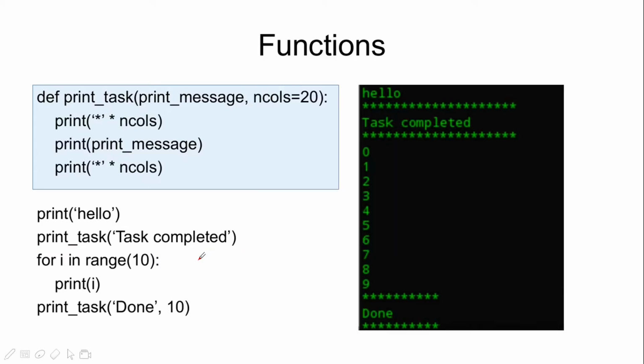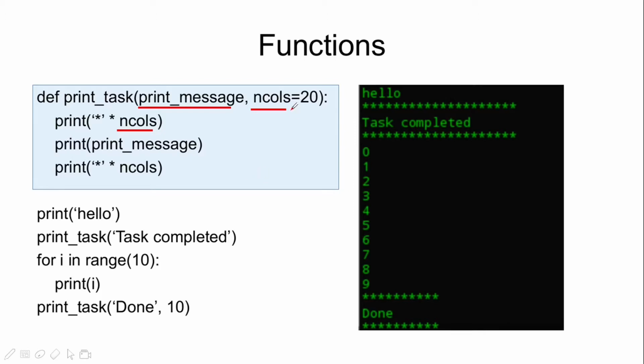Okay. I can also customize it much further. For example, I can define the print message parameter and the n_calls parameter. The n_calls parameter will be used to multiply the number of asterisks by n_calls.